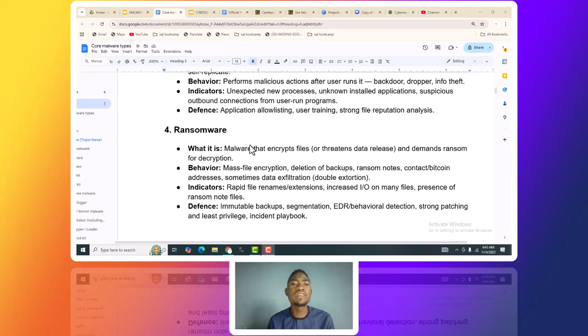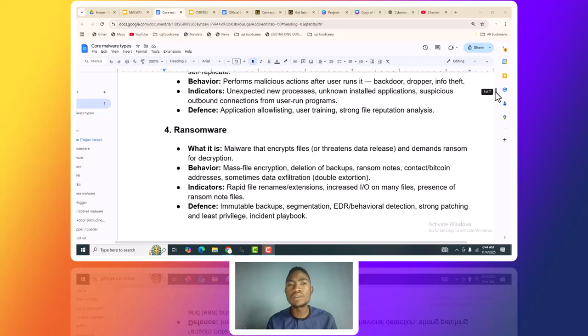And some of the defensive mitigations are to maintain offline backups, to segment our files, or to use EDR for behavioral detection, and strict patches and least privilege to strengthen our system. And when we go to analysis properly, we'll look at how we can achieve all this. We'll go to dynamic analysis on how to analyze behaviors and how to go about all this.